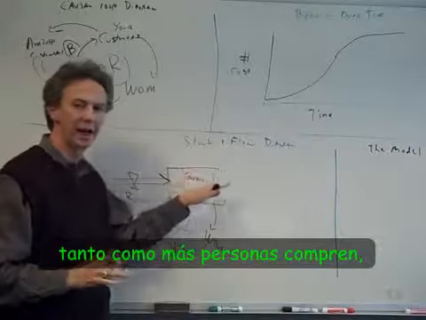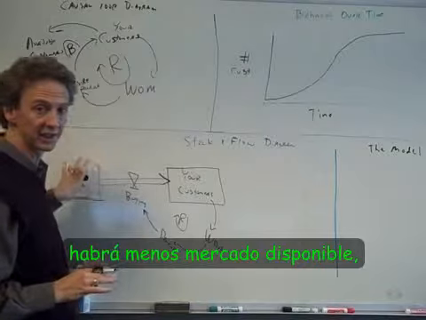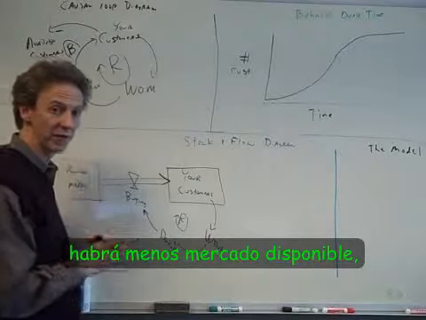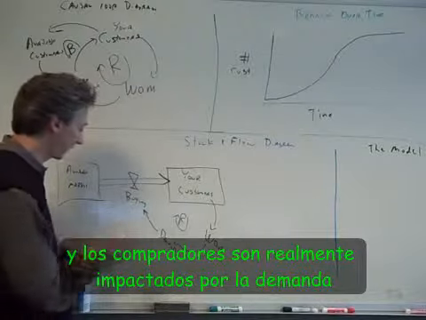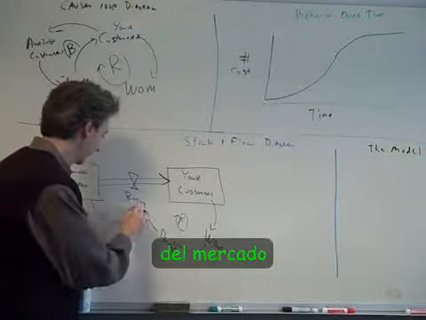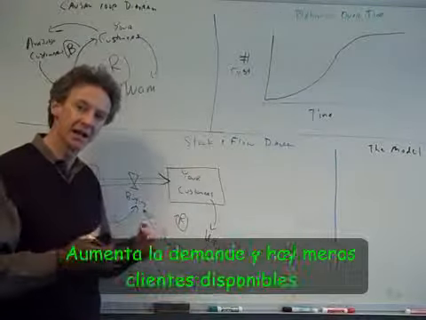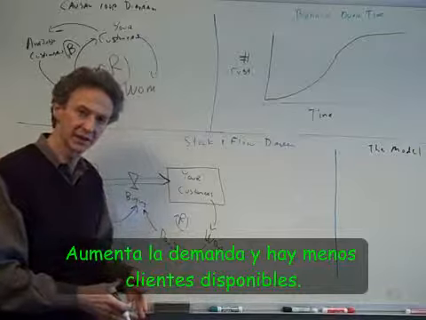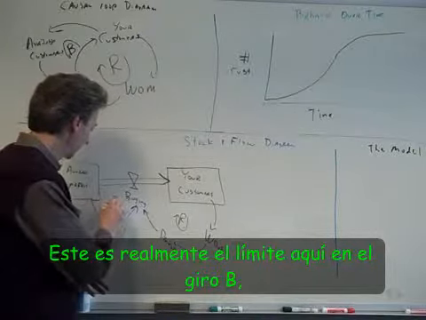As more people buy, this is an outflow from this stock. There's less and less available market. So that's the way we're going to model this. And the buying is really impacted by the demand that's in the marketplace times the available market. So there might be high demand, but less and less customers available to you. So that's really the balancing loop here.